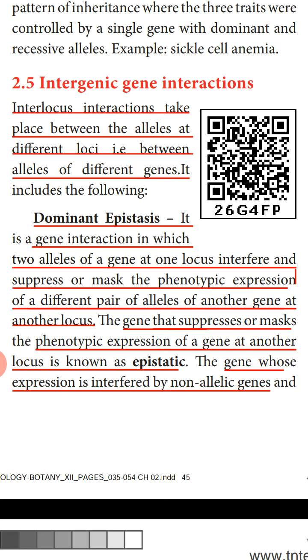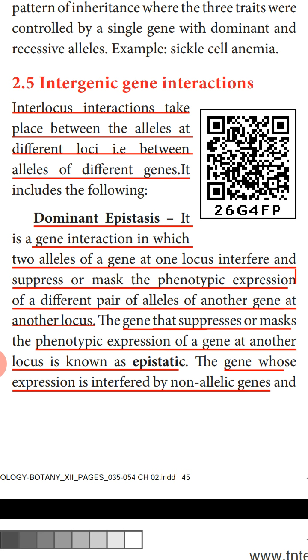You can understand that in a chromosome, two genes are present at two loci, and each gene has its own alleles. The gene in one locus suppresses, hides or masks the effect of the gene present in another locus. This type of gene interaction is called dominant epistasis.